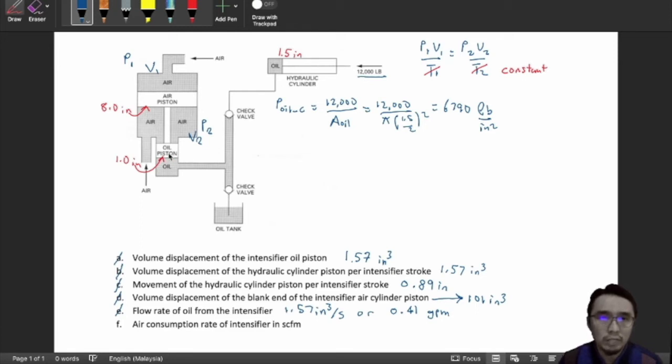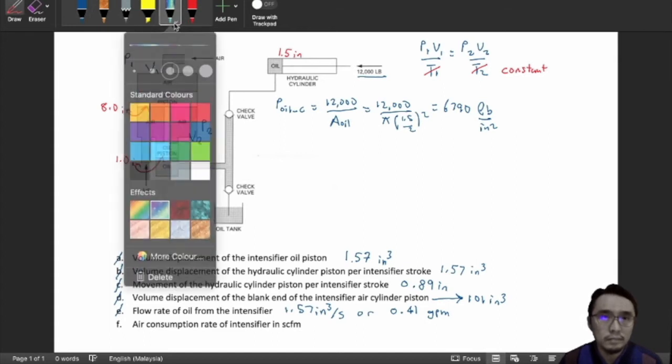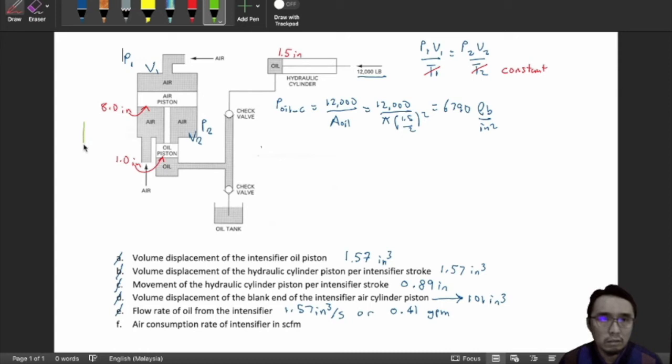So we can find the force, because we want to push the cylinder with an equivalent amount to push this load. Let's use a different color. Let's call another force F2 here.